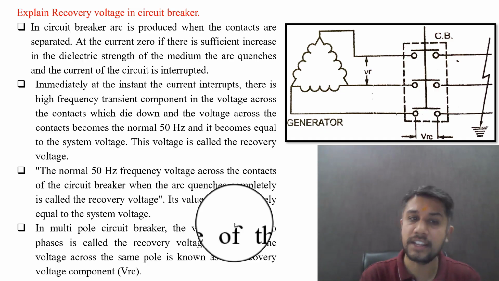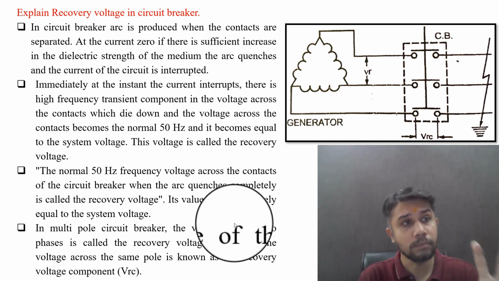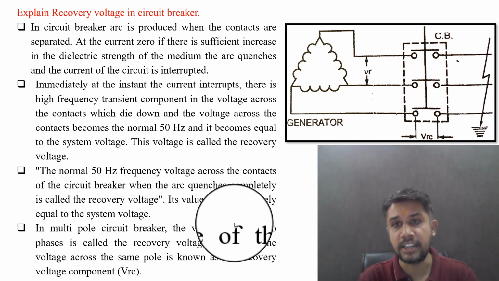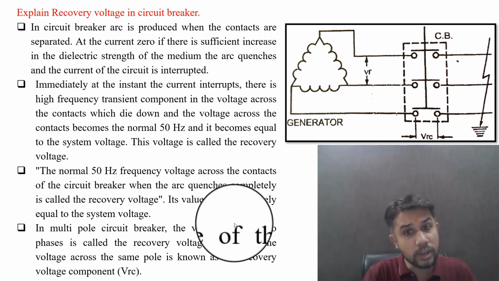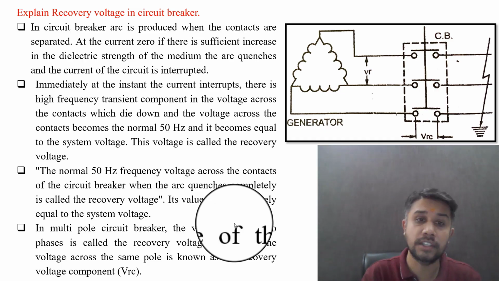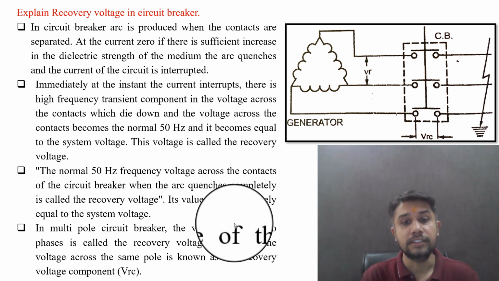So the recovery voltage can be defined as the normal 50 Hz frequency voltage across the contacts of the circuit breaker when the arc quenches completely, and its value is approximately equal to the system voltage.